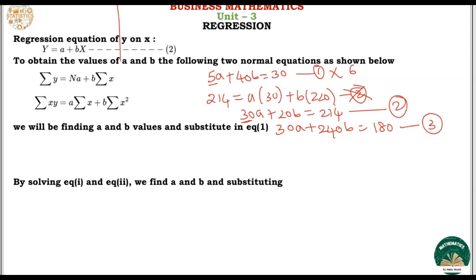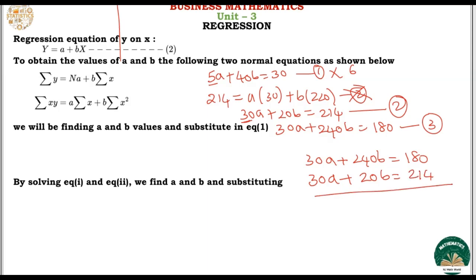Now solving 2 and 3, we get 30a plus 240b equals 180, then 30a plus 20b equals 214. Changing the sign, this will get cancelled.